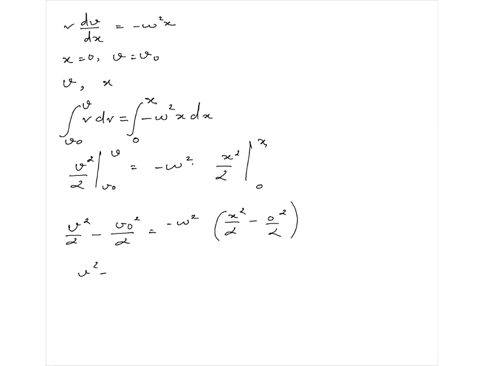So v square minus v naught square by 2 equal to minus omega square x square by 2. That means v square equal to v naught square minus omega square x square, or v is under root of this whole thing.